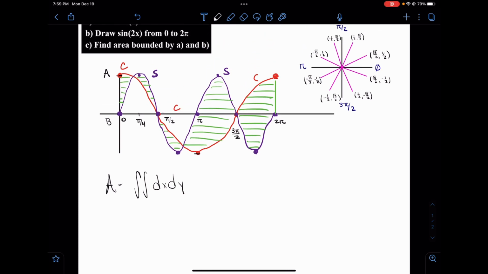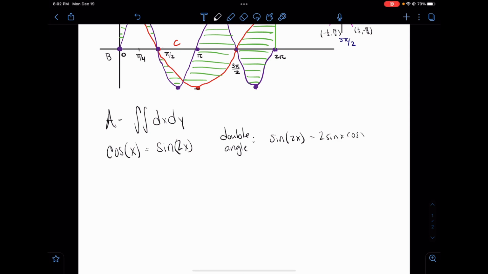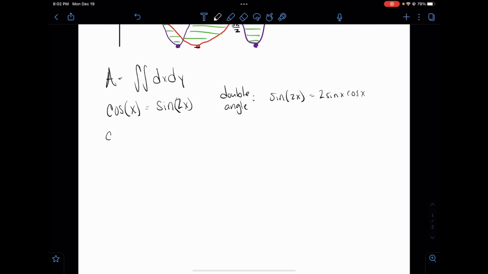And we can do that by setting each equation equal to each other. So we have cosine of x equals sine of 2x. To solve this, we're going to need to remember one of our trig rules. If we use the double angle rule, we know that sine of 2x is also equal to 2 sine of x times cosine of x. And if we substitute this in here, we'll have cosine of x equals 2 sine of x cosine of x.